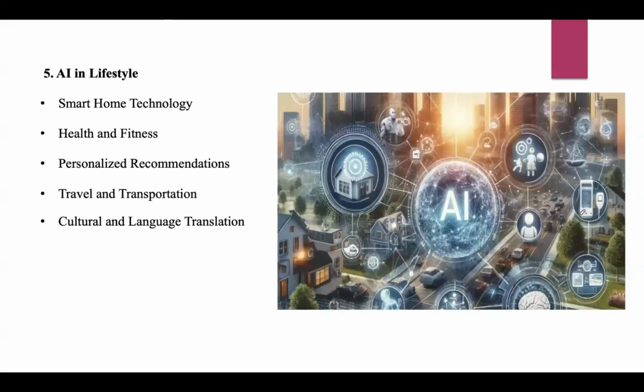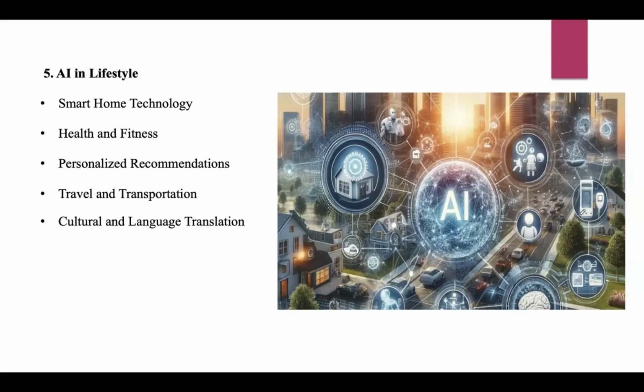Next, we have artificial intelligence in lifestyle. So, artificial intelligence is increasingly influencing various aspects of daily life and lifestyle. Thus it is offering convenience, personalization, and efficiency. If you take smart home technology, so home automation, where AI-powered smart devices and assistants like Amazon Alexa and Google Home control appliances, lighting, security systems, or even temperature settings based on user preferences and patterns.